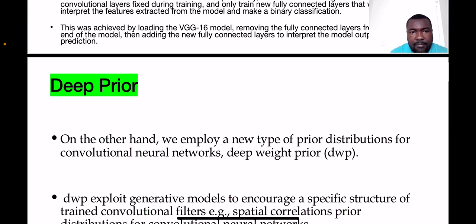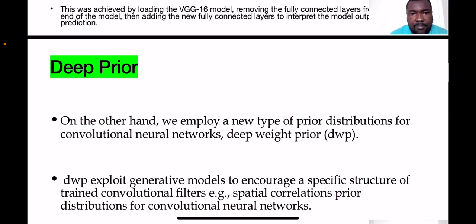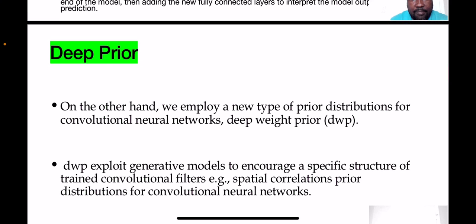Let's talk about weight initialization. In the weight initialization, I use a deep weight prior. So what is a deep weight prior? A deep weight prior employs a new type of prior distribution for convolutional neural networks. DWP, which stands for deep weight prior, exploits a generative model to encourage a specific structure of trained convolutional kernels, spatial correlation, as a prior distribution of the convolutional neural network.